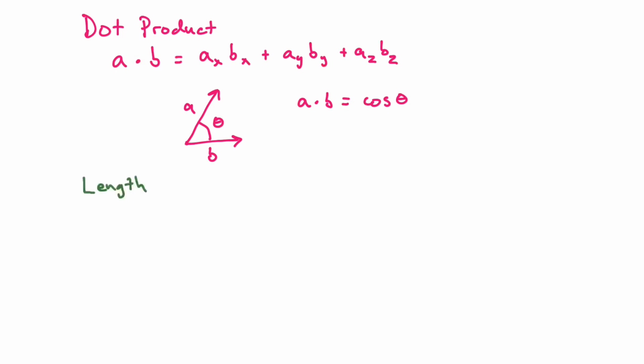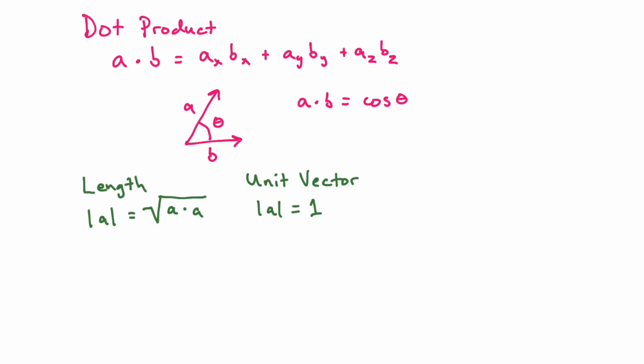Now, it's useful to know what the length of a vector is. So, if we want to find the length of a vector, all that we have to do is simply take the square root of the dot product of itself. Now, a unit vector is essentially a vector with a length of 1, like the normal.